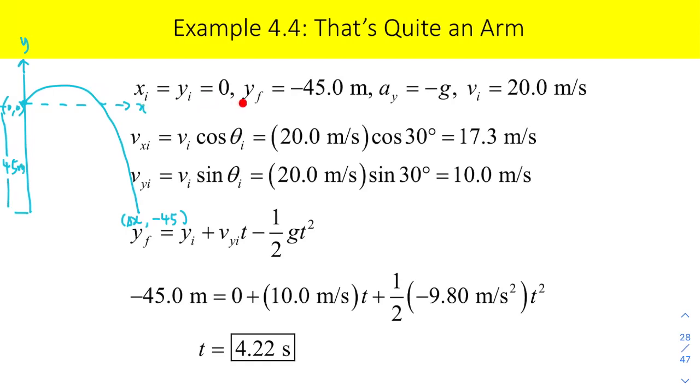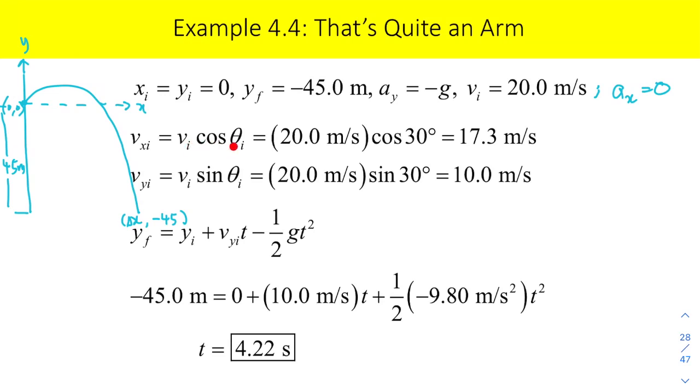And why is this one 0? Starting at origin. And then ay equivalent to negative g, v initial equivalent to 20. Let me add one more, which is ax equivalent to 0 all the time for projectile case.